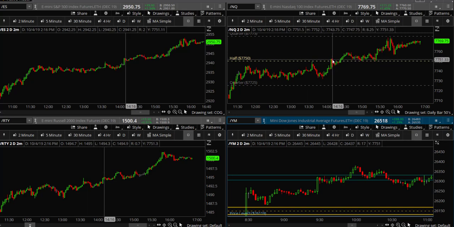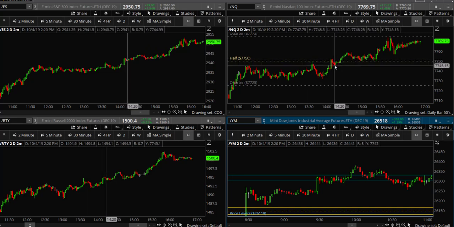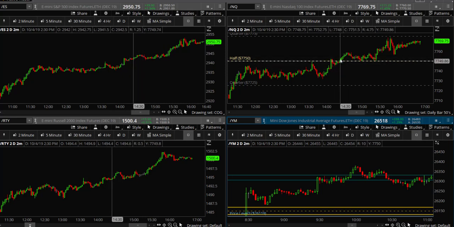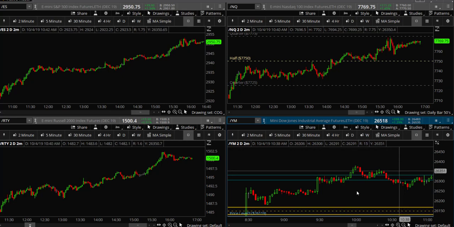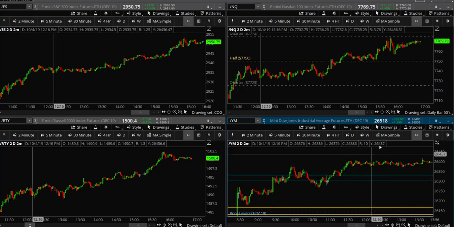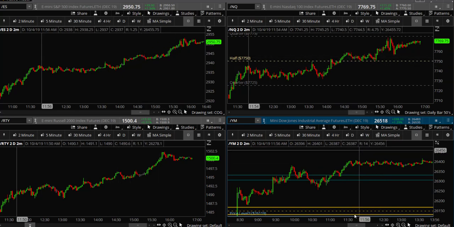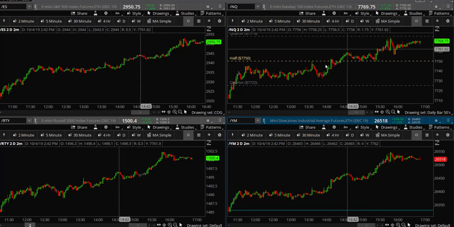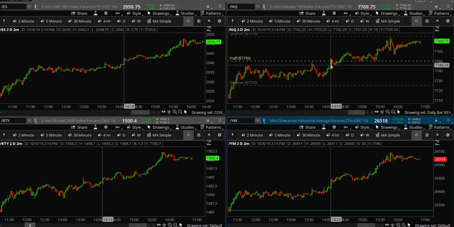When we had the break in the Nasdaq and it found support and came back and broke through the 50 again, I would have been more confident in taking that trade to the upside because I had the rest of the market also moving in sync with me. Now, since the charts are all matching together, when I move my mouse on the Nasdaq, you see it on all the other markets.